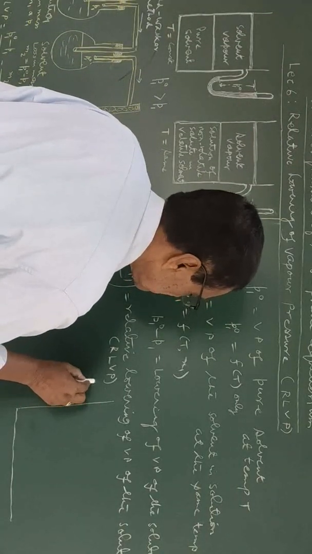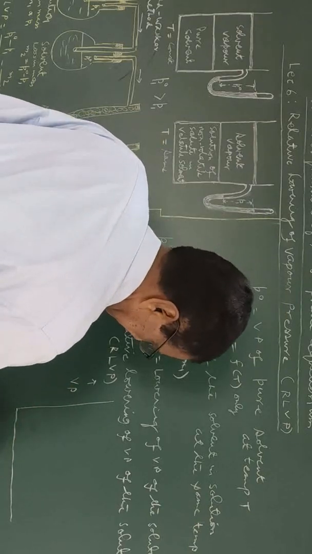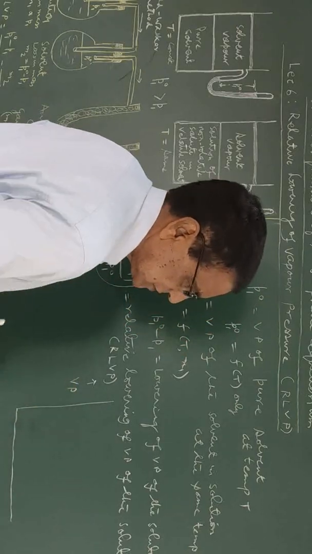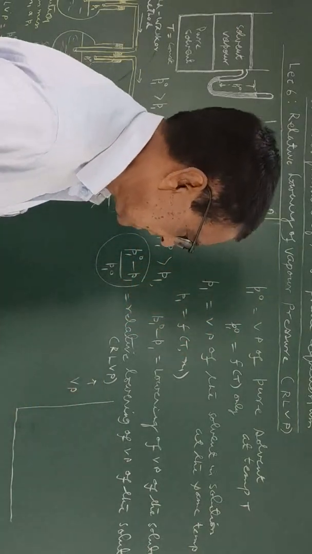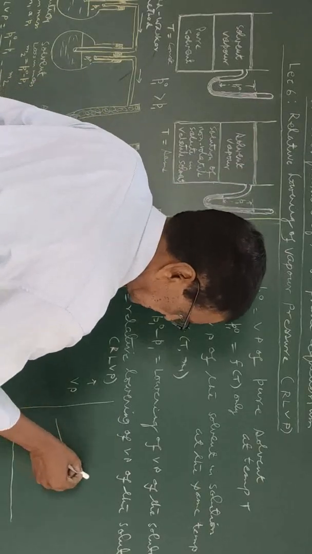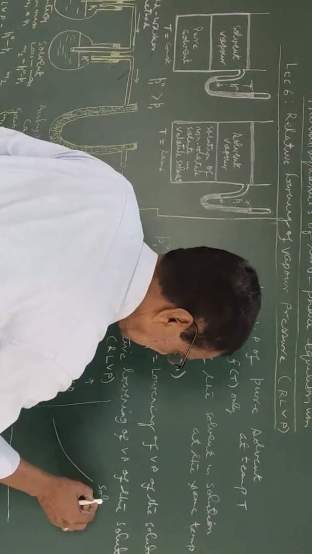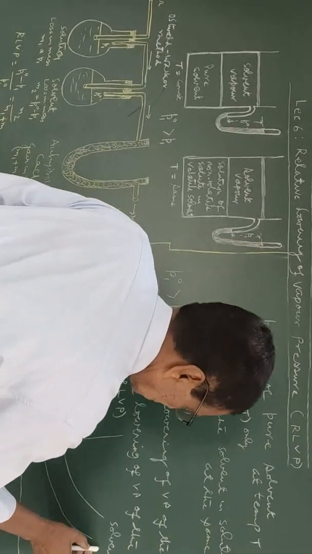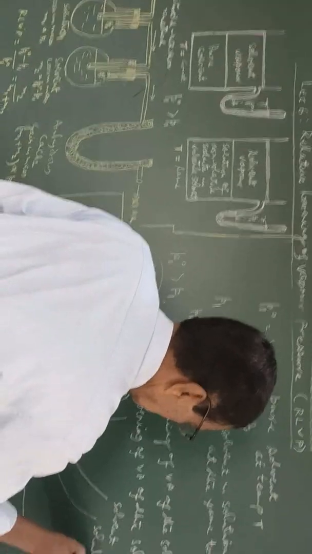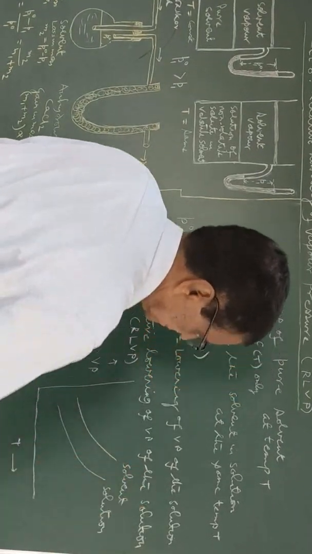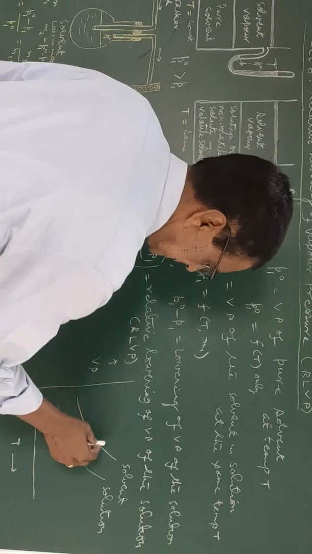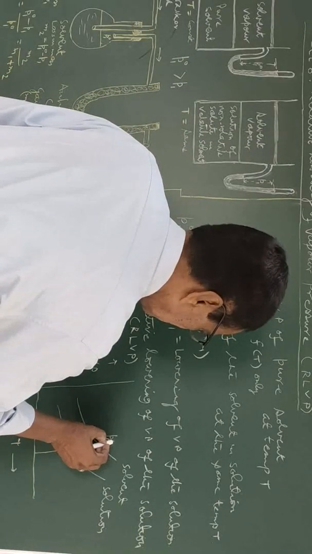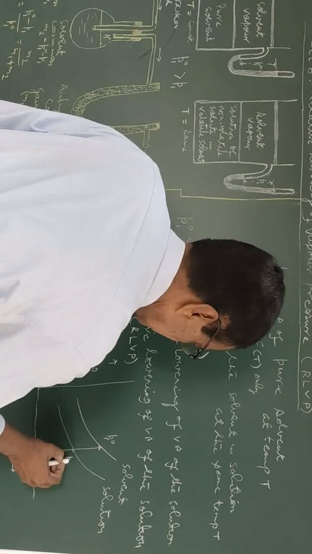Here the vapor pressure is along the y-axis and temperature along the x-axis. Whenever we plot the experimental data, the curve will be like this: this is the pure solvent, and this is the solvent in solution. At any temperature it is seen that if this one is P1 naught, then this one is P1.